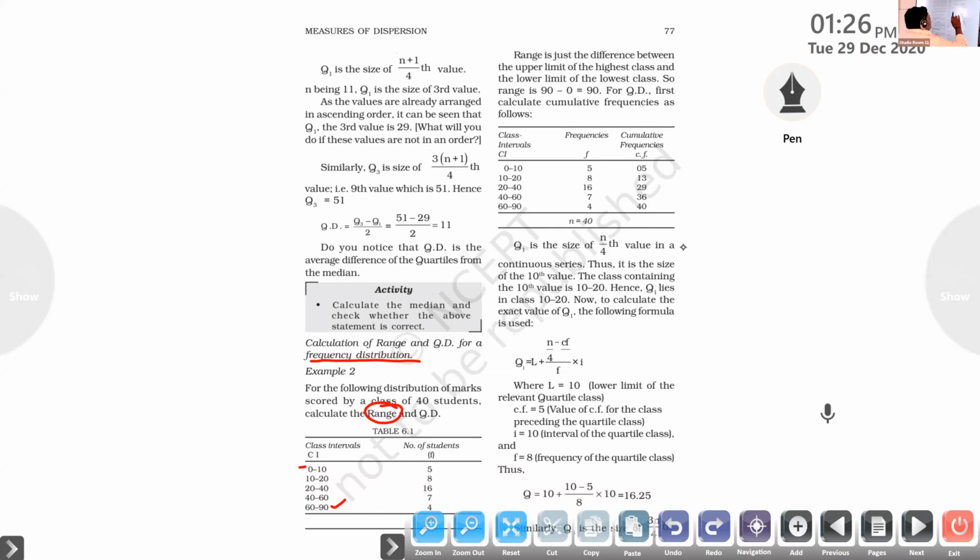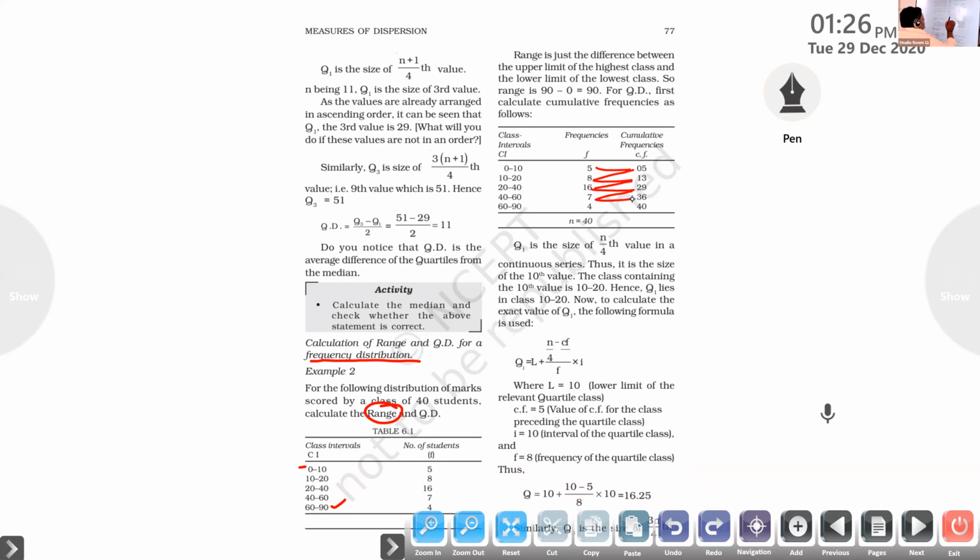Next, cumulative frequency. The first class, 0 to 10, has frequency 5, so the cumulative frequency is also 5. The second, 10 to 20, is 5 plus 8, that is 13. Next, 20 to 40, 13 plus 16, 29. Then 40 to 60, 29 plus 7, that is 36.